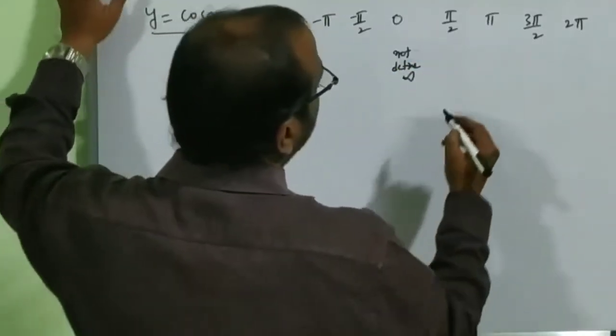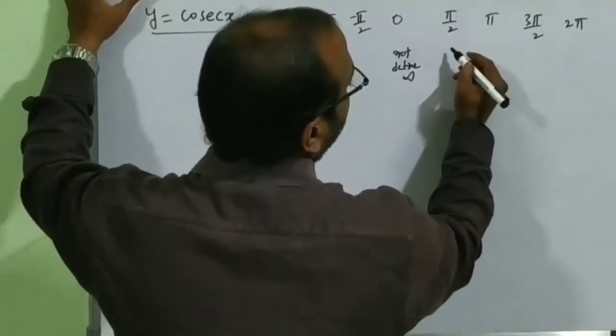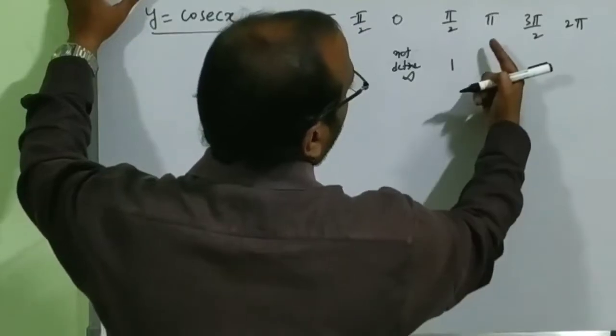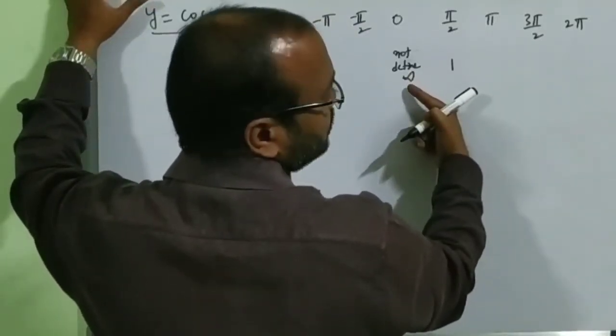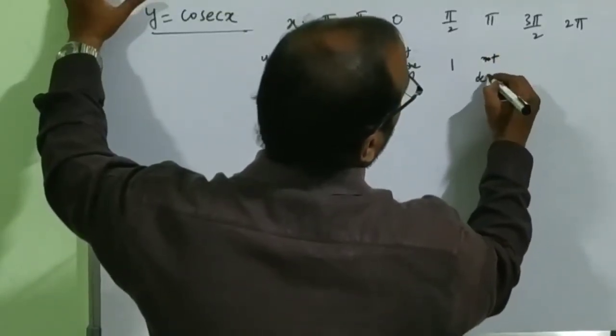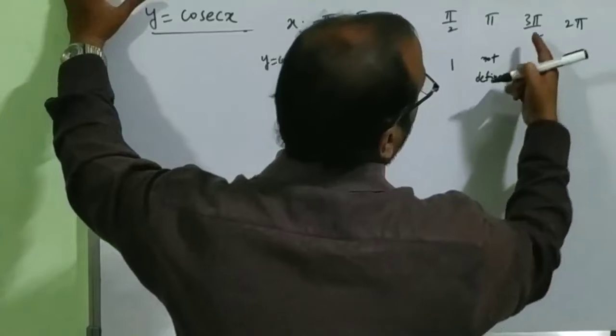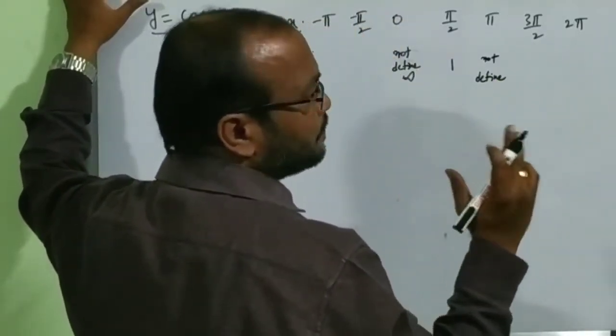Next, cosec pi by 2. Cosec pi by 2 means 1 by sin 90. Sin 90 is 1, so the value will be 1. Cosec pi. Cosec pi value and cosec 0 value is same. Again, this is not defined. Next, cosec 3 pi by 2 means cosec of pi plus pi by 2.